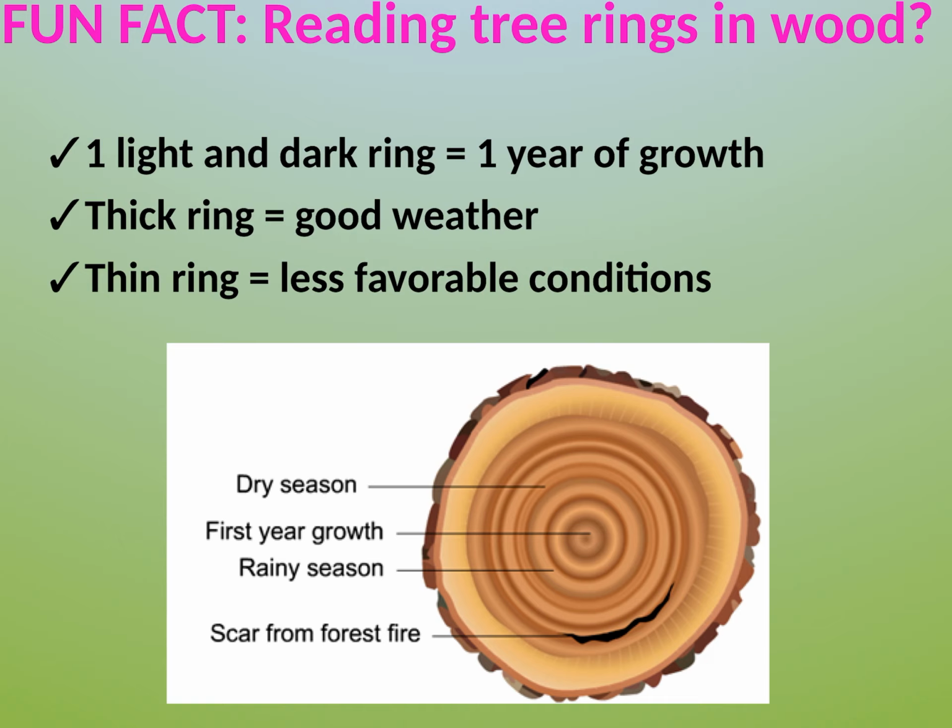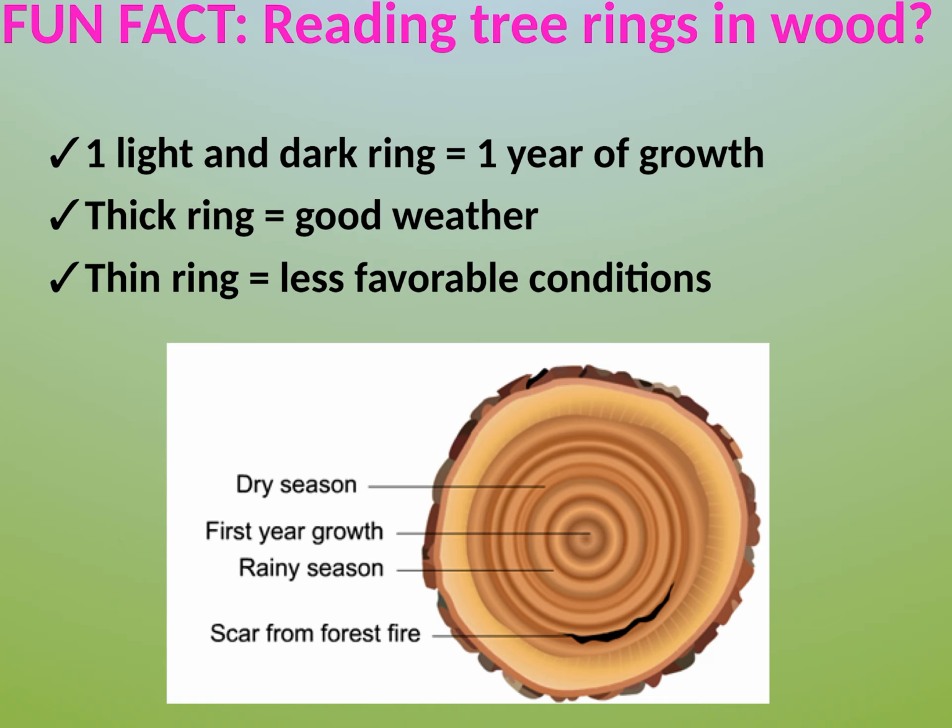Thin rings represent usually poor weather, so the tree wasn't able to get what it needed, so it didn't grow as much that year. You see here in the picture, it shows a rainy season, so it's a really thick ring. So there was a good year, it had a lot of rain, a lot of nutrients, everything it needed to grow. And then you can see above that, a dry season is a very thin ring.